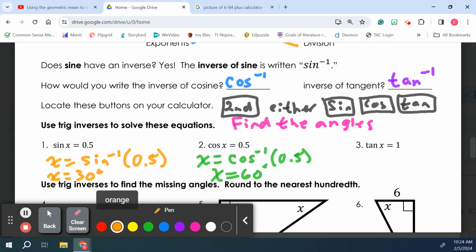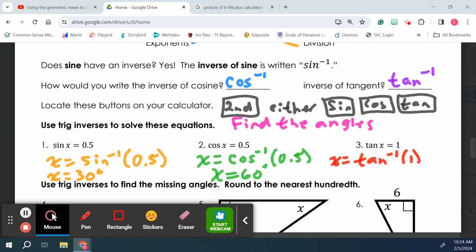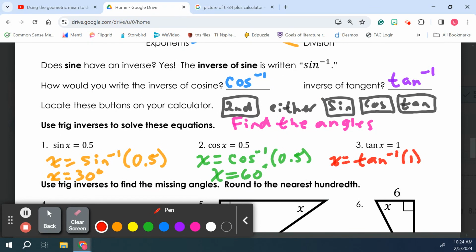And for this last one, we're going to have x equals the tangent inverse of 1 in this case. Evelyn, what is it? 45. Very good. Okay? So that's how you find the degree measure if you're given just that ratio simplified.